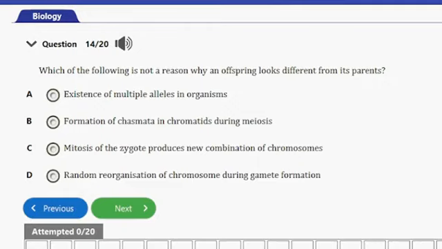But however, guys, mitosis of the zygotes does not produce new combination of chromosomes. Instead, it actually results in production of identical cells of the same genetic information as the parent cell.